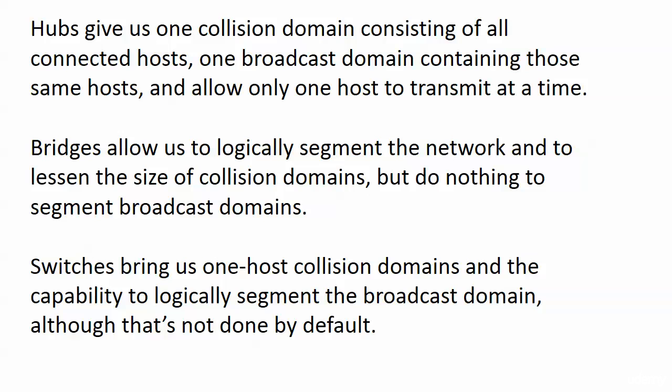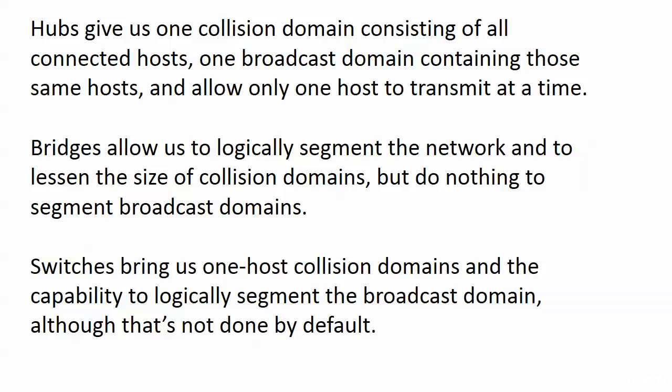So a quick review before we move forward. Hubs give us one collision domain that consists of all the connected hosts, one broadcast domain that contains all those same hosts, and only one host can transmit at a time. Bridges allow us to logically segment the network and to lessen the size of collision domains, but they don't do squat as far as broadcast domains go.